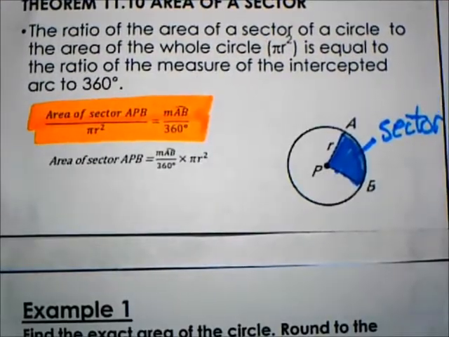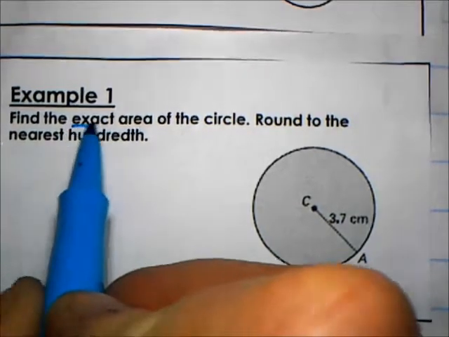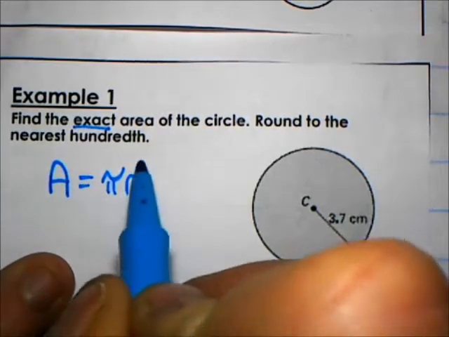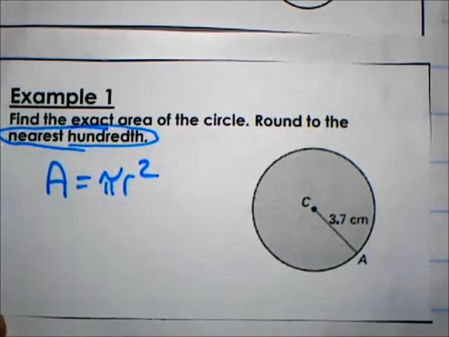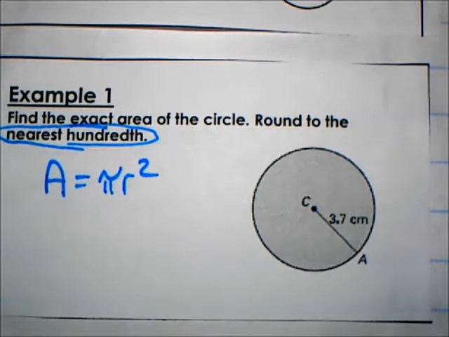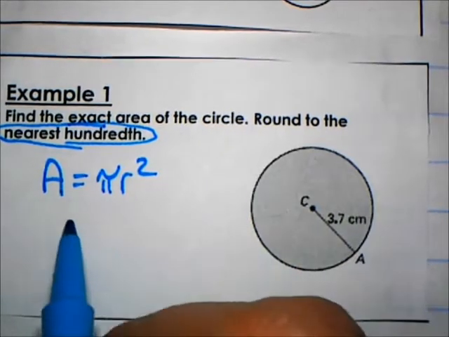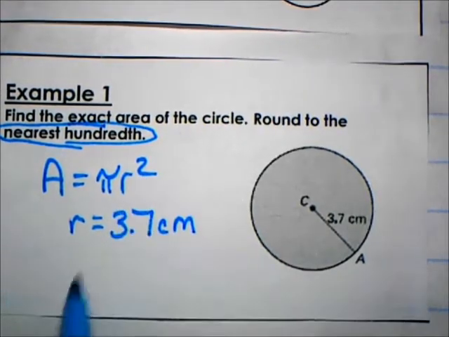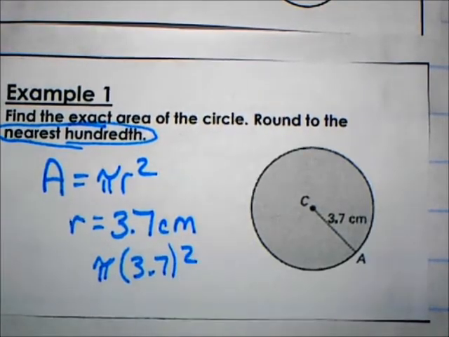Okay, so if I go to an example, on number 1 they want us to know the exact area of the circle. The formula for area of a circle is pi r squared, and it says we want the nearest hundredth, and that's what we're going to do on all of these problems for this section, go to the nearest hundredths, which means 2 decimal places. If I look at my picture, I have 3.7 for the r, so I'm just going to replace it in my formula, pi times 3.7 squared.